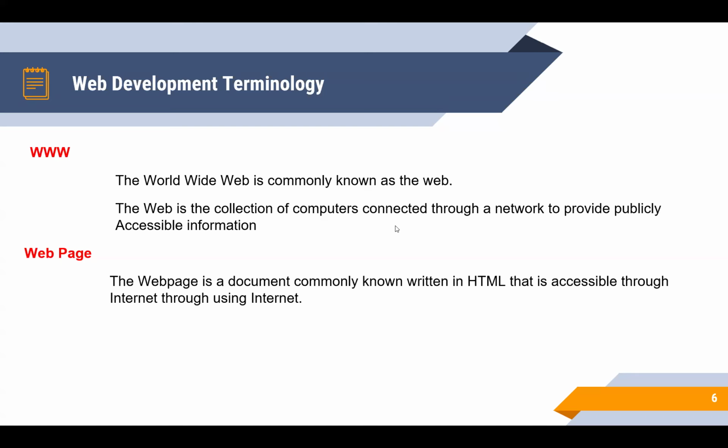What is the meaning of a web page? A web page is a document, commonly written in HTML, that is accessible through the internet. As I told you, when we are developing web pages, the structure of the web page we develop with the help of HTML, and for the color and the style, we use CSS along with the HTML.